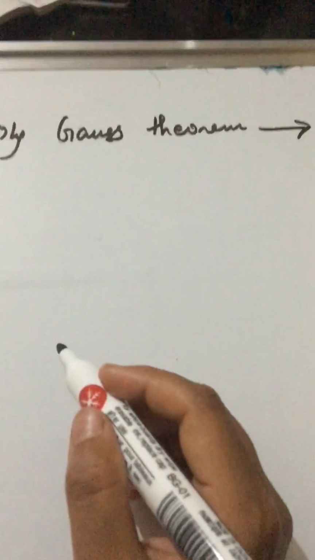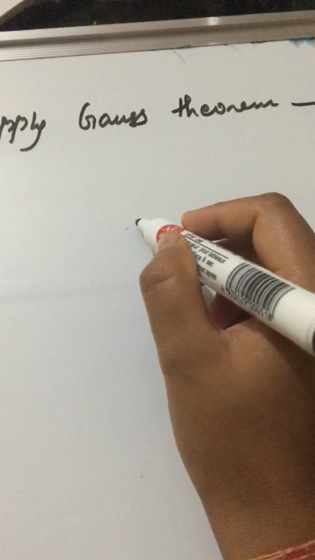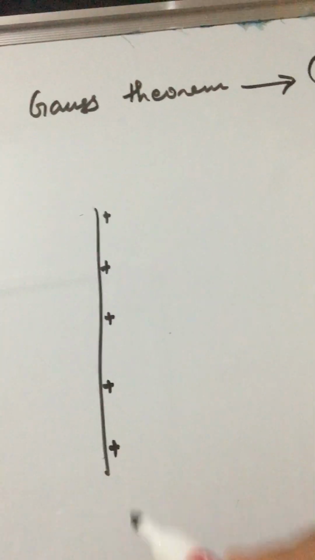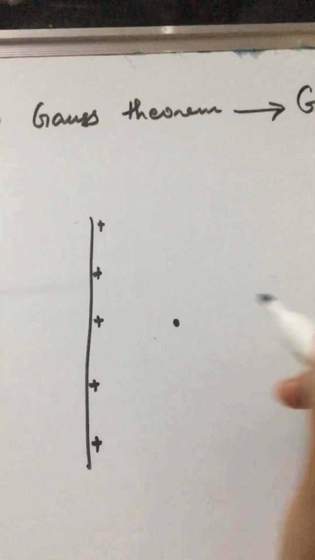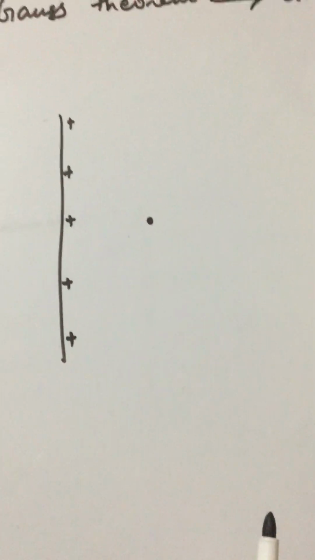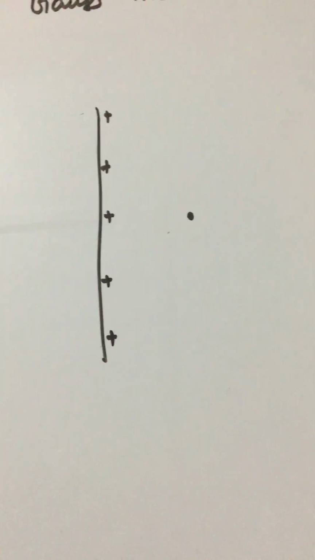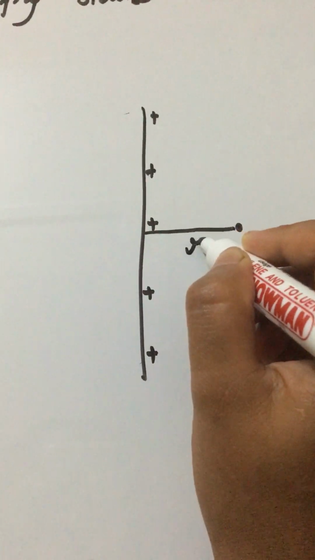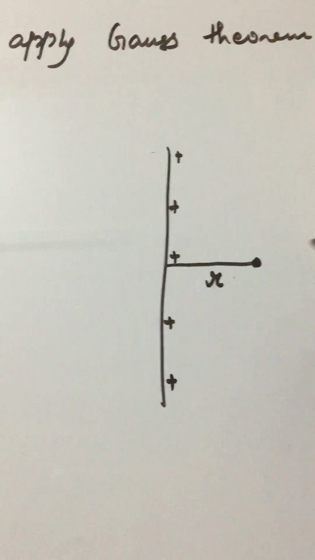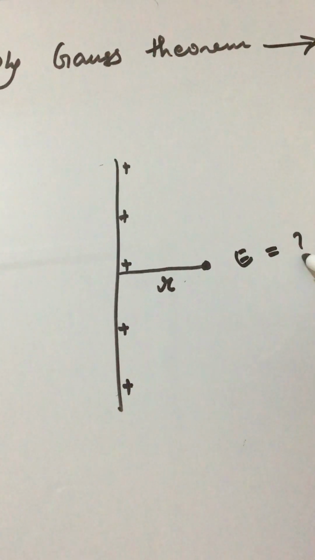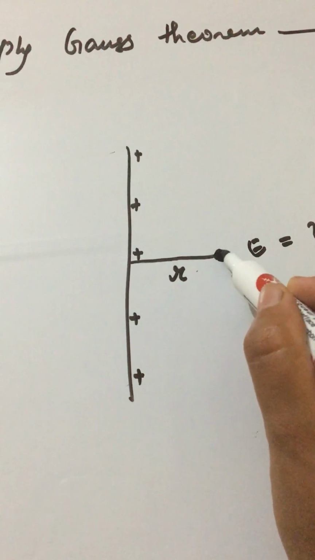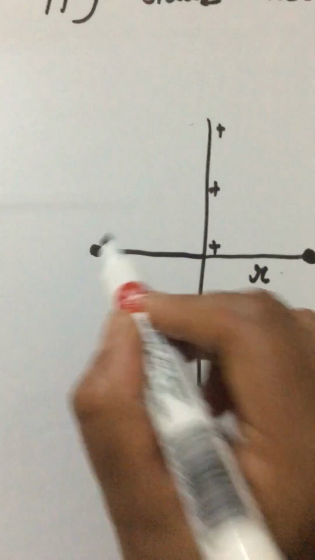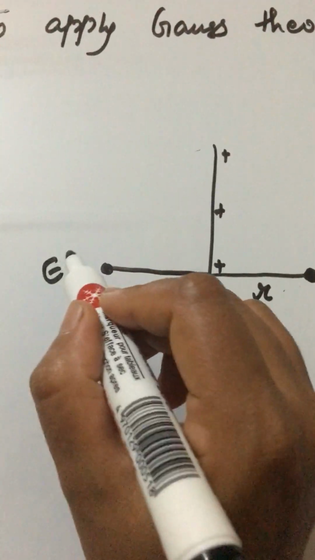Like, suppose I'll stick with this one, the line charge. Now at this point, say you have to find out the electric field. From the symmetry point of view, let's say this distance is r. At this point we have to find the electric field, which we don't know, but whatever the value of the electric field at distance r, similarly at the same distance on the other side, the electric field will also be the same.